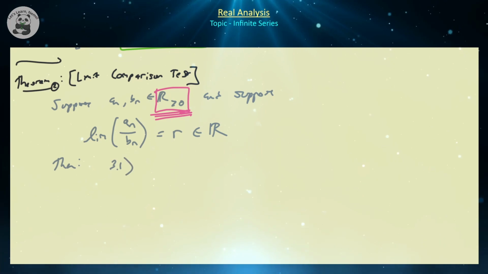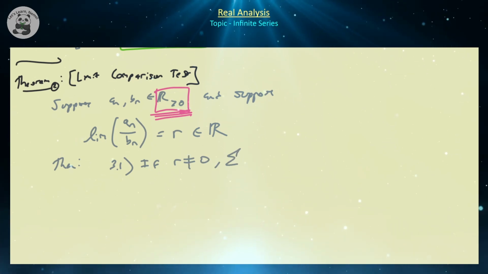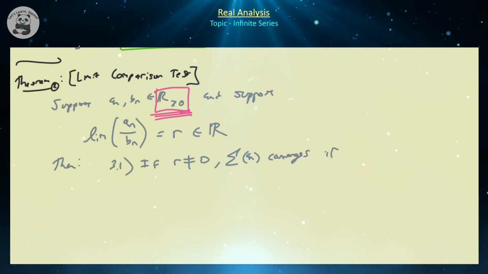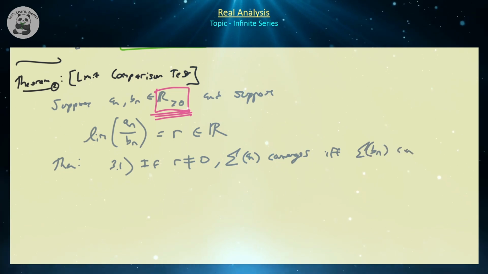The first criterion of the limit comparison says the following. If r does not equal 0, then the series an converges if and only if the sum of bn converges. So if the limit of the quotient is equal to a non-zero real number, then if an converges, bn converges. If an diverges, bn diverges, and so on.